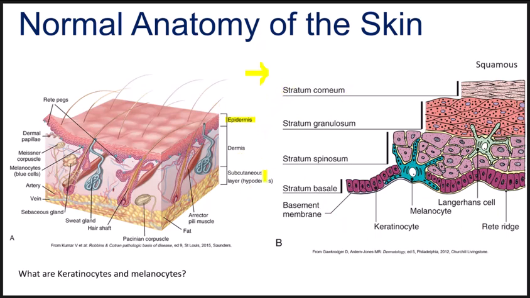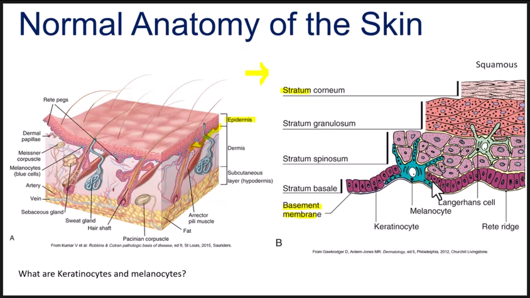Each of the different layers starts with the name stratum. We can see 4 shown here. There are 5 depending on what area of the body you're looking at, but stratum just refers to layer. So we have the basement membrane here, which would equate to being along here, so really the part in between the epidermis and the dermis.